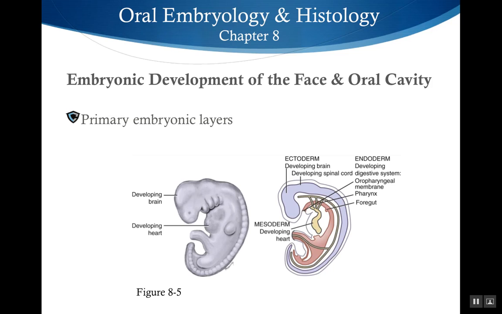So again, the enamel is formed from the ectoderm, while the rest of the tooth is formed from the mesoderm. So again, our body is incredibly complex, and it's very, very fascinating.